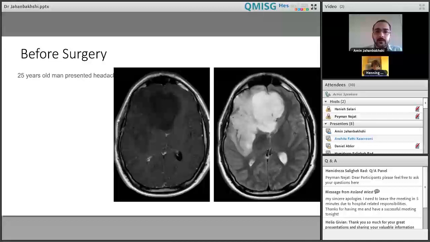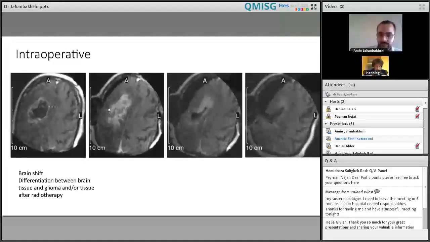If there is a high perfusion in that region, it can be inferred that it is glioma, not edema, or we can use MRS. But frankly speaking, we don't trust these imaging modalities, because there are large false positive and false negative results.